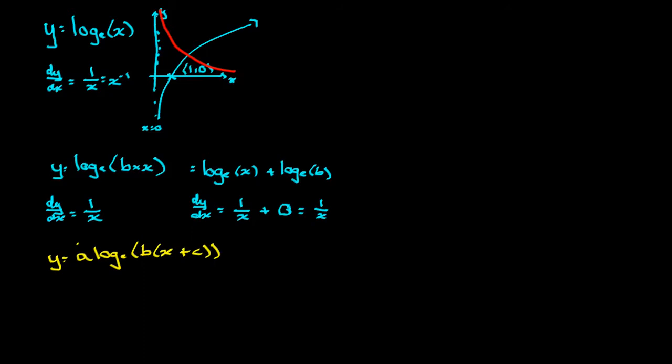All very complicated, but in the end, the derivative is not that difficult. dy/dx is equal to a, which always remains out the front, and it's 1 over x plus c. The translating coefficient c simply remains attached to x, so this becomes a over x plus c.